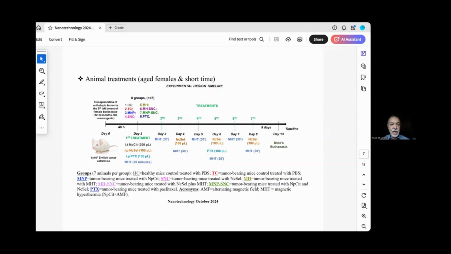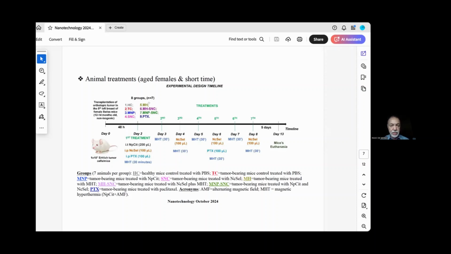And we have animals without implanted tumor and without any treatment, and animals which were treated with magnetic nanoparticles only, selenium nanocapsules only, performing magnetic hyperthermia with animals taking selenium nanocapsules, and performing treatment injecting magnetic nanoparticles and selenium nanocapsules.